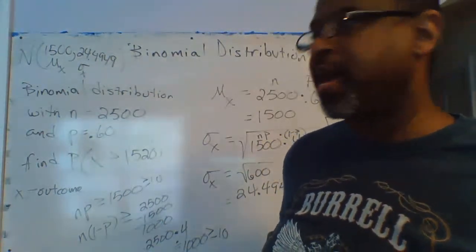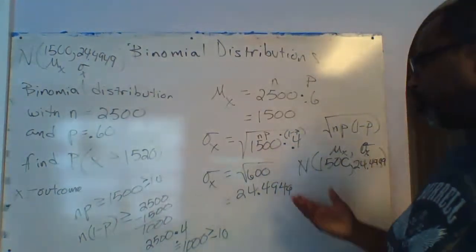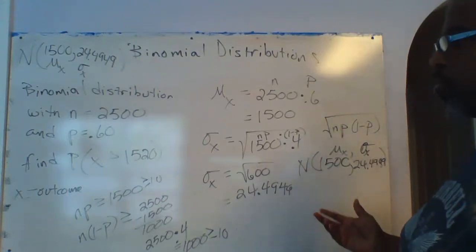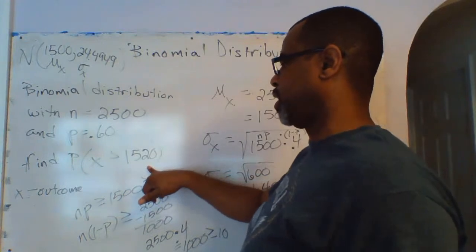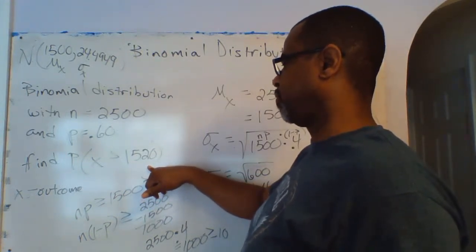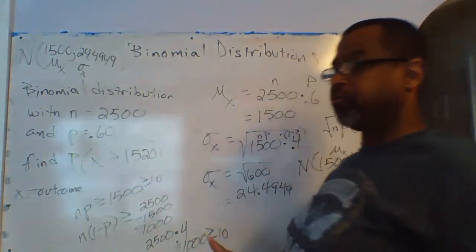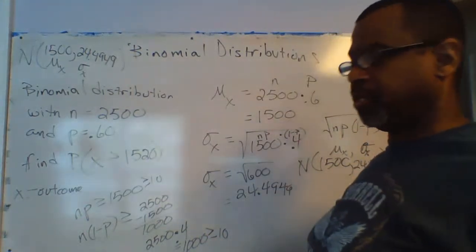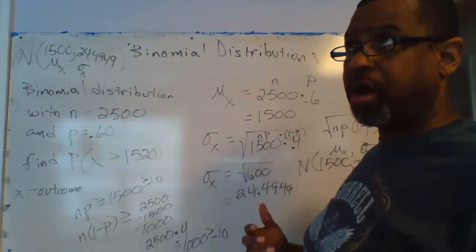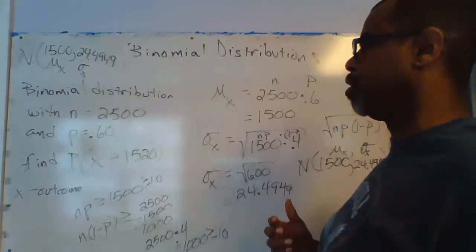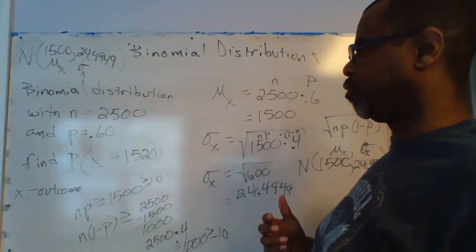Now we want to find the probability that the outcome is greater than 1,500. If it were just a binomial distribution, it would be a discrete random variable, and we'd have to do 0 through 1,520.